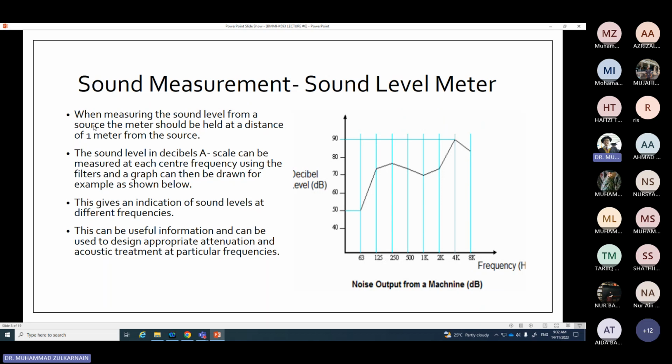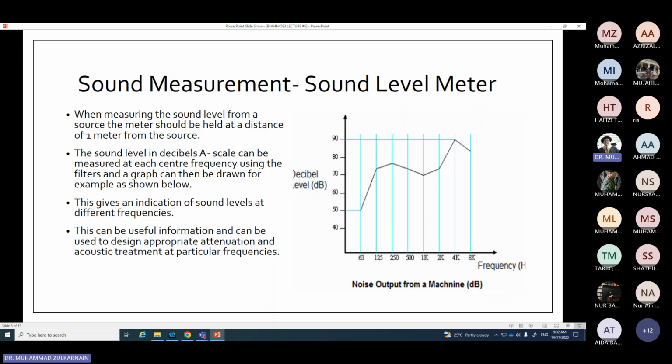Back to the text. When measuring the sound level from the source, the meter should be held at a distance of 1 meter from the source. That is how we use the sound meter, the rule for this equipment.